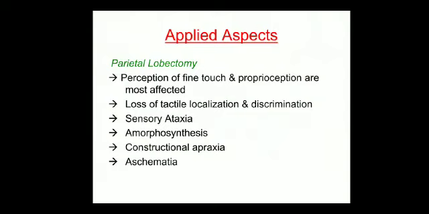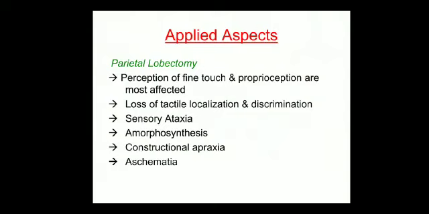And there will be uselessness of the muscles on the opposite side, and loss of the temperature sense as well. So these are all the things which happen when there is partial lobectomy.